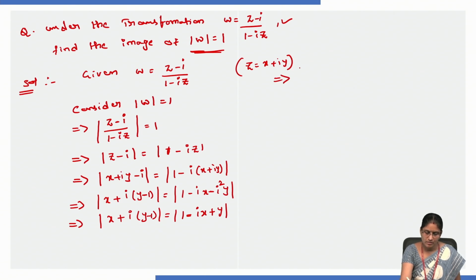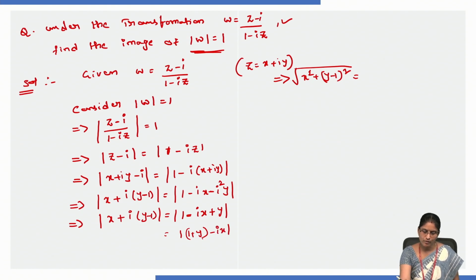That implies the modulus of x plus i(y minus 1) is root over x square plus (y minus 1) whole square, is equal to, here we have to separate real and imaginary parts, then we get (1 plus y) minus ix.